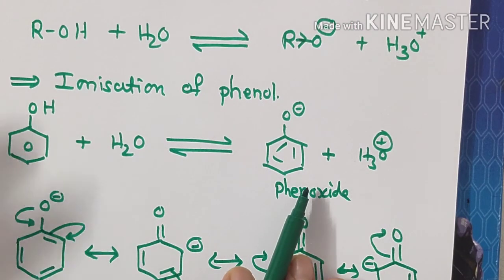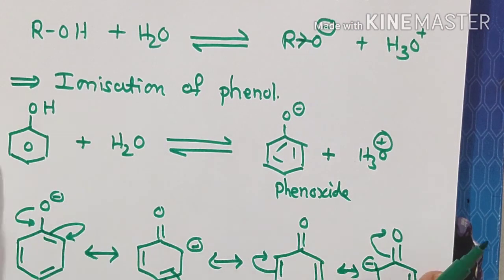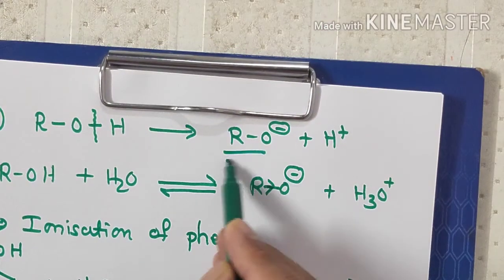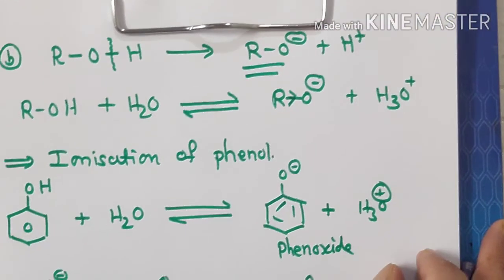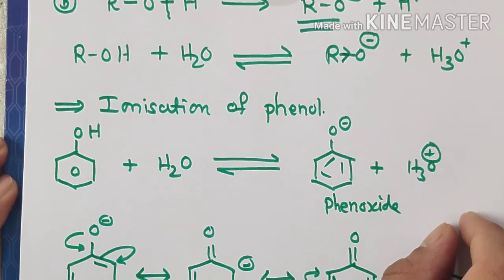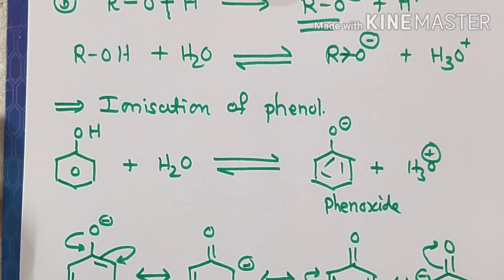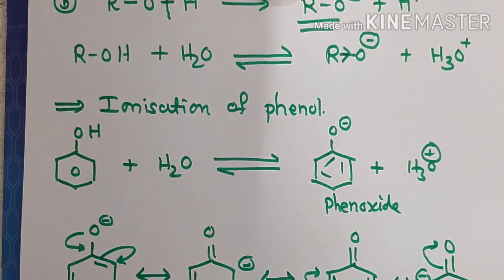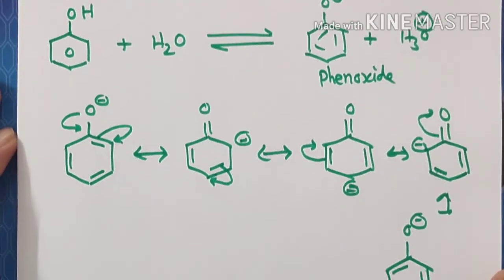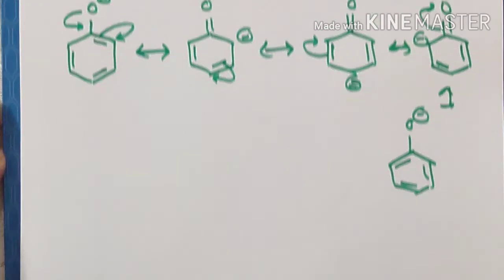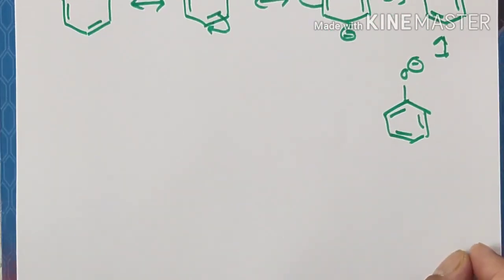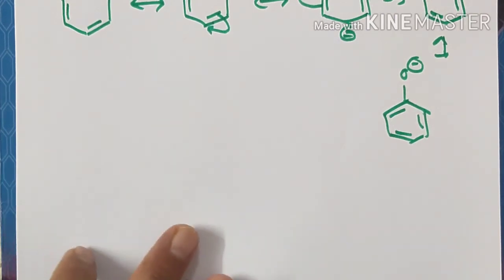The conjugate base is found to be more stable in phenol, whereas the conjugate base in alcohol is found to be less stable, and that's why this happens. Okay, now moving to the next reaction, where esterification takes place.